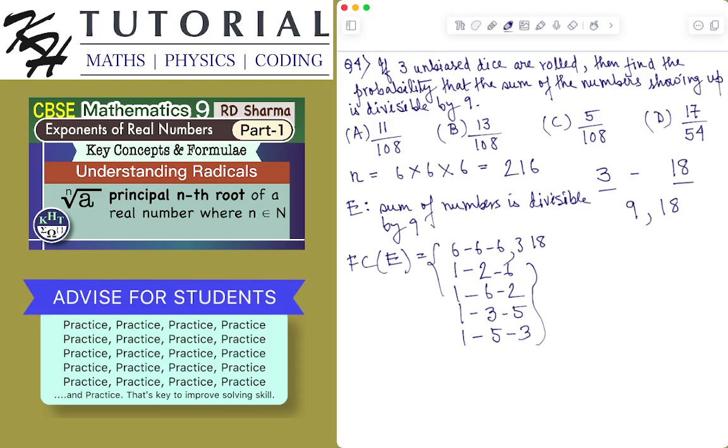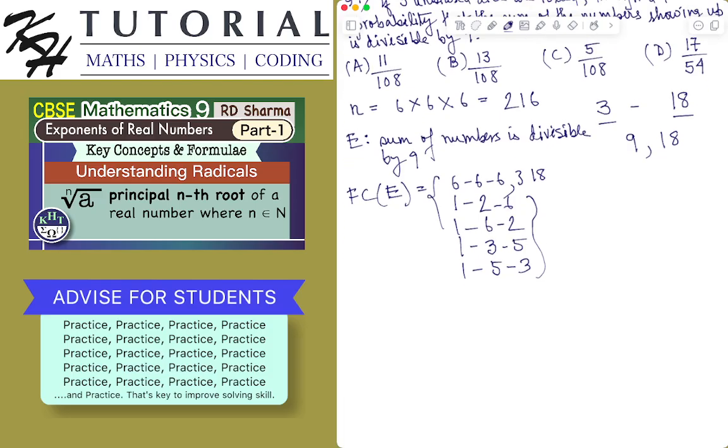Obviously there will be more, because this was the case when I assumed that the number 1 is showing up on the first die. If the number 2 shows up on the first die, then the sum of the numbers showing up on the second and third die should be equal to 7.